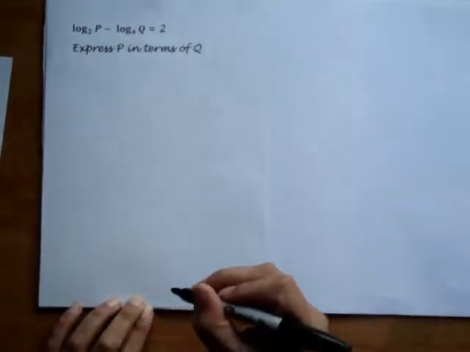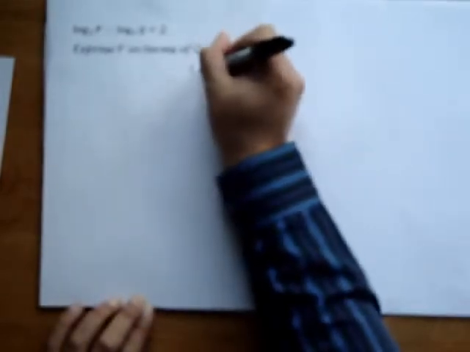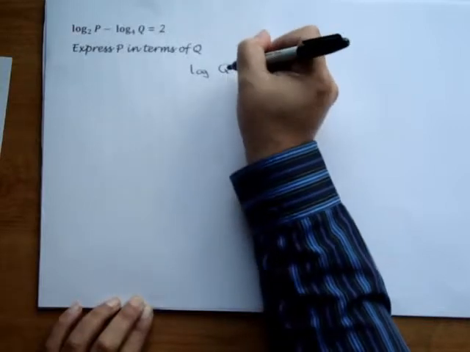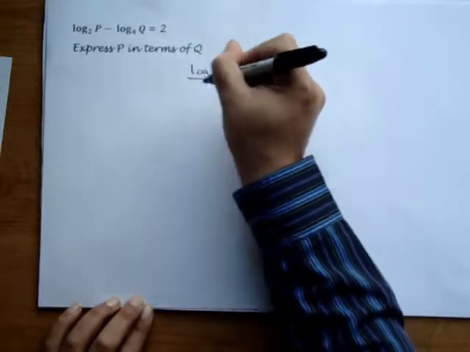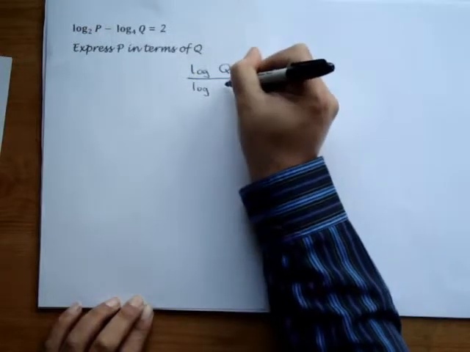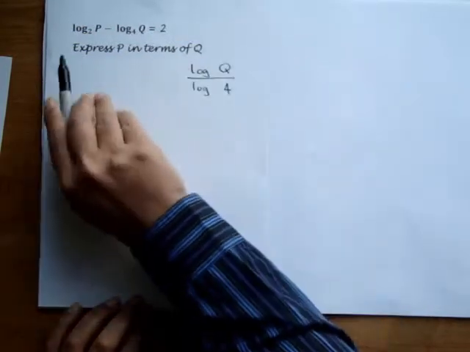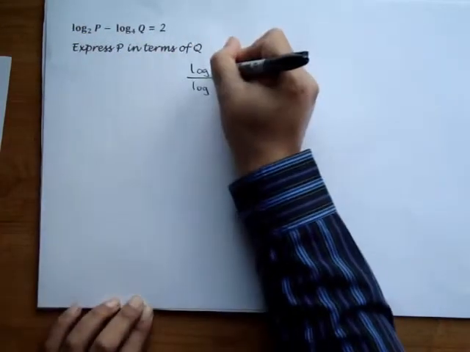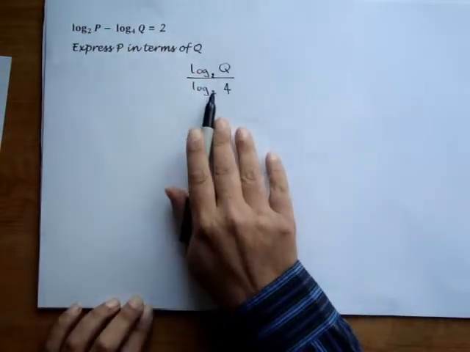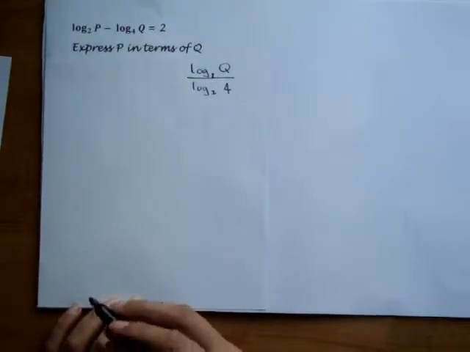So our change of base formula, we take the log of q, the big one, on top, and the log of the base, the little base, on the bottom, and then we just choose a base, and the base we want is 2 because we're using that one. So this now becomes this using our change of base formula.